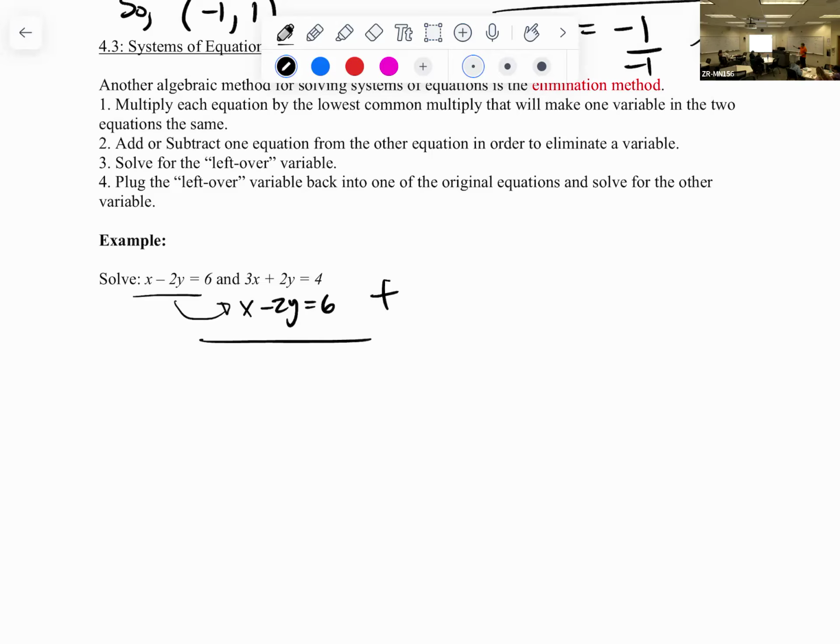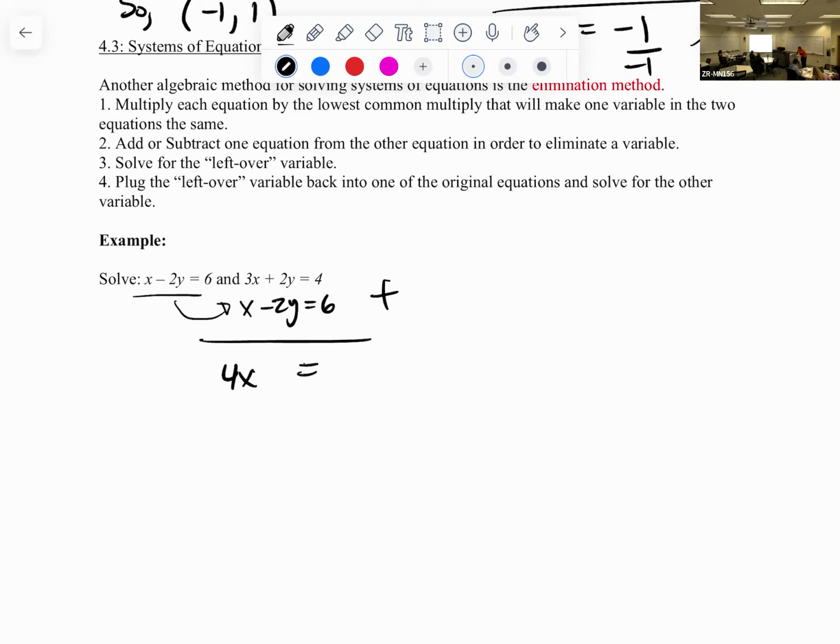So I have 3x plus x, that makes 4x. And here's the big part, +2y plus -2y makes 0. It goes away. So that's when elimination really has a strength. By definition, it is called elimination because you are eliminating a variable. The method substitution is called substitution because you're subbing in one of the variables.